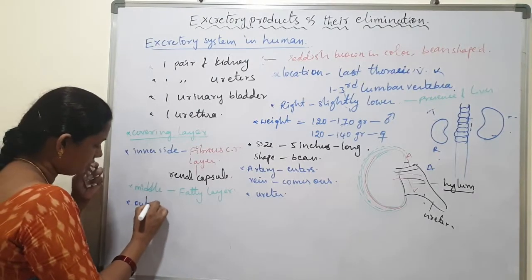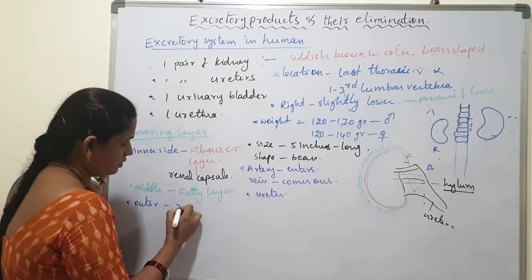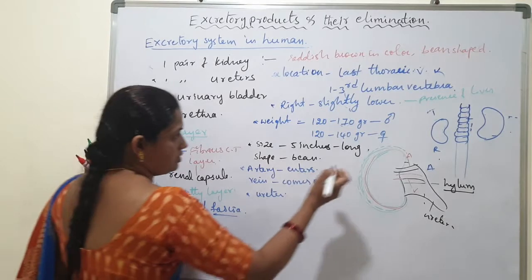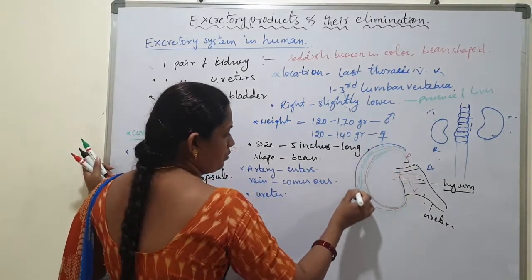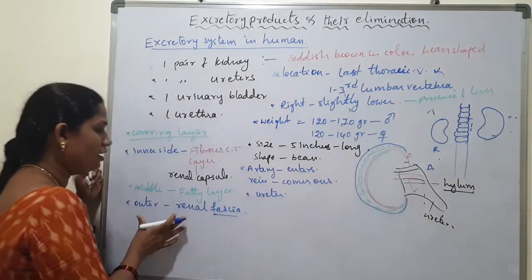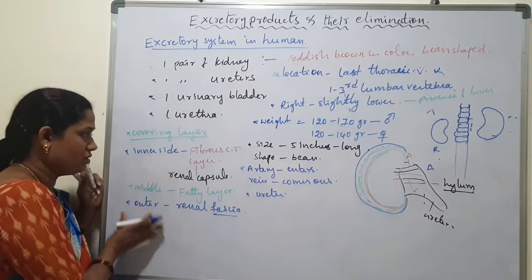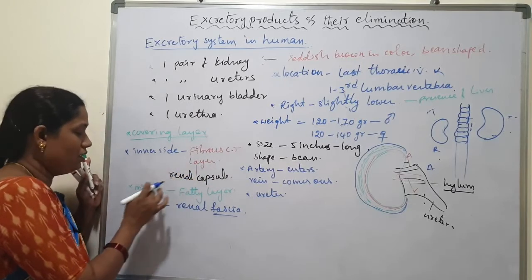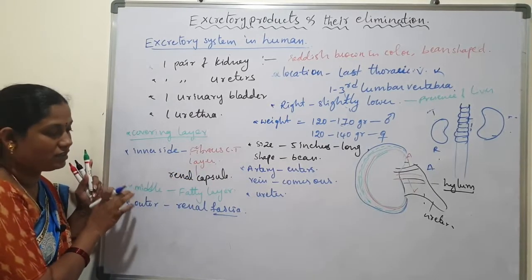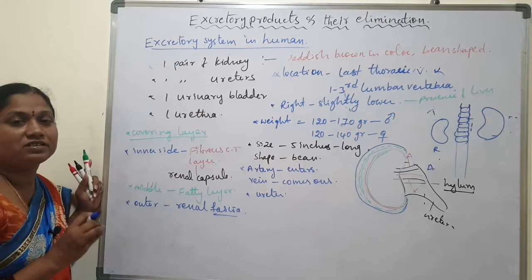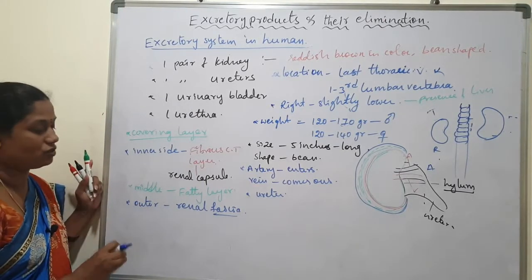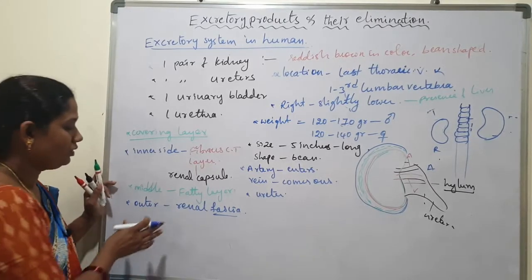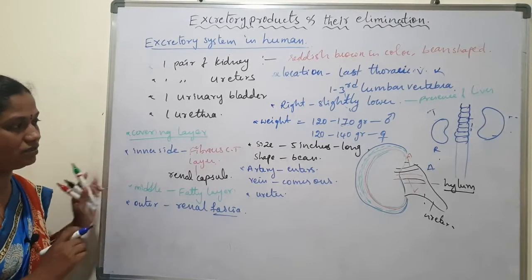Next, the outermost layer is called the renal fascia. So three layers are present: the inner fibrous connective tissue layer, also called the renal capsule; the middle fatty layer, which protects the kidney and prevents external shocks; and the outer layer, the renal fascia. So this is about the external features.